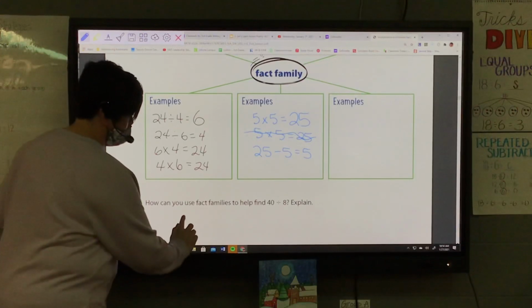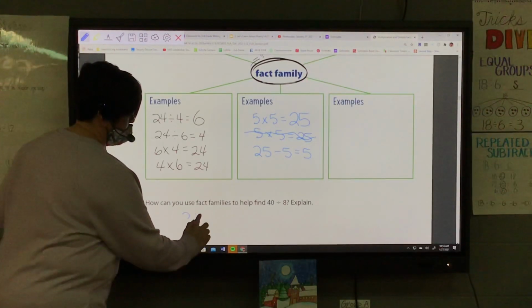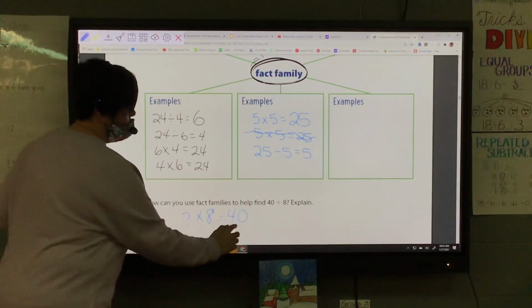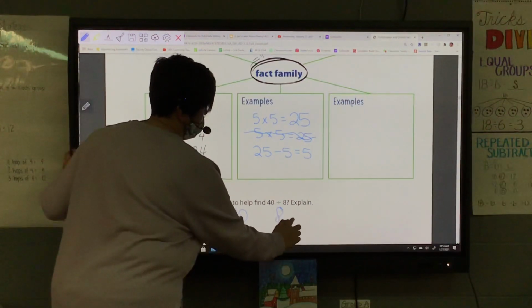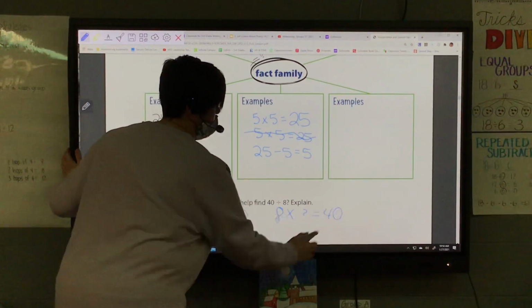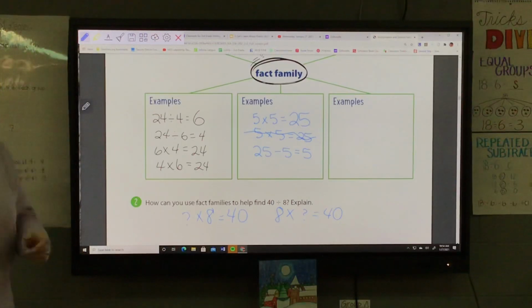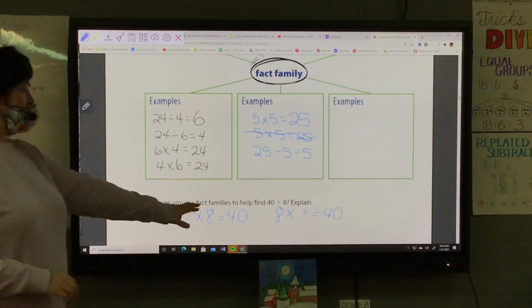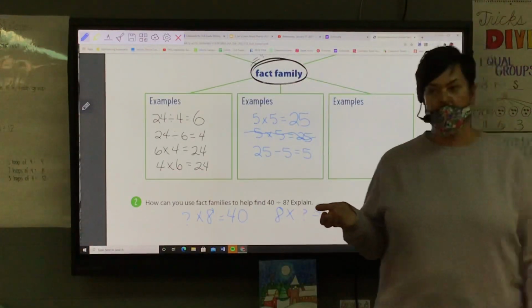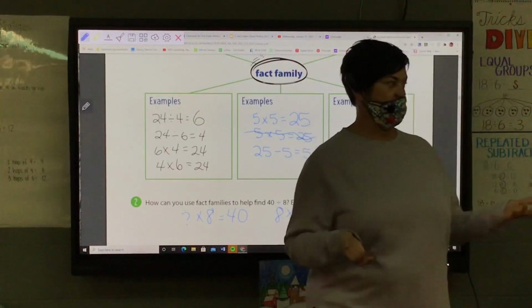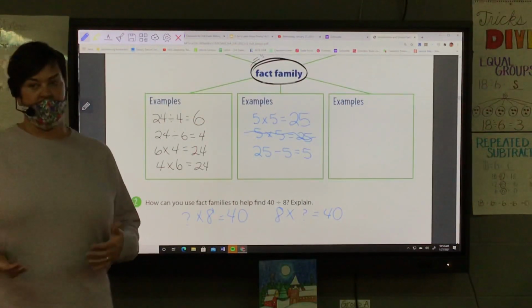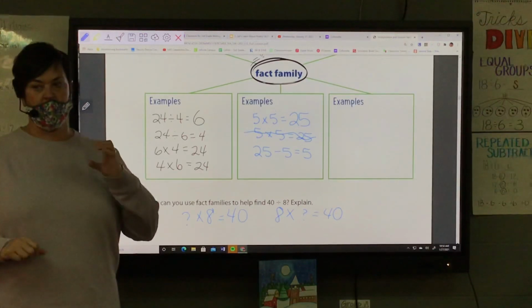So we would say this times 8 equals 40, or I could say 8 times this equals 40. My answer ends with a 0, so I know it's either going to be a 10 or 5, because all of my multiples of 5 end with a 5 or a 0.